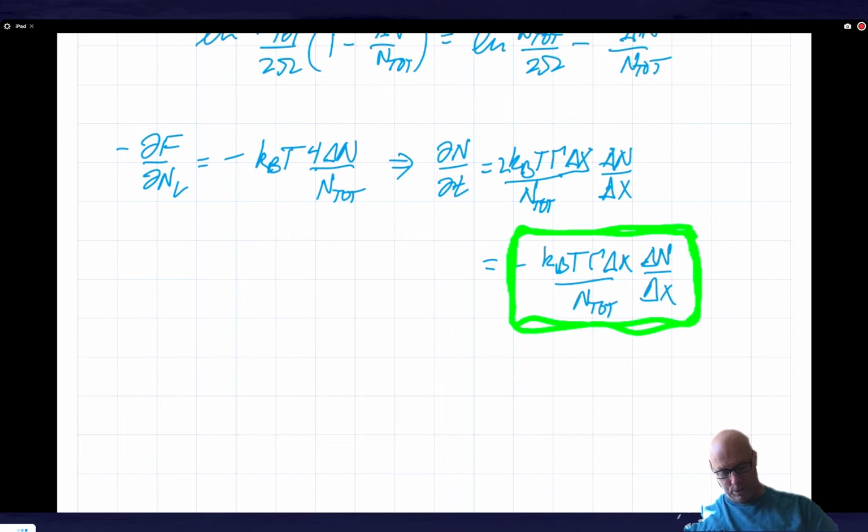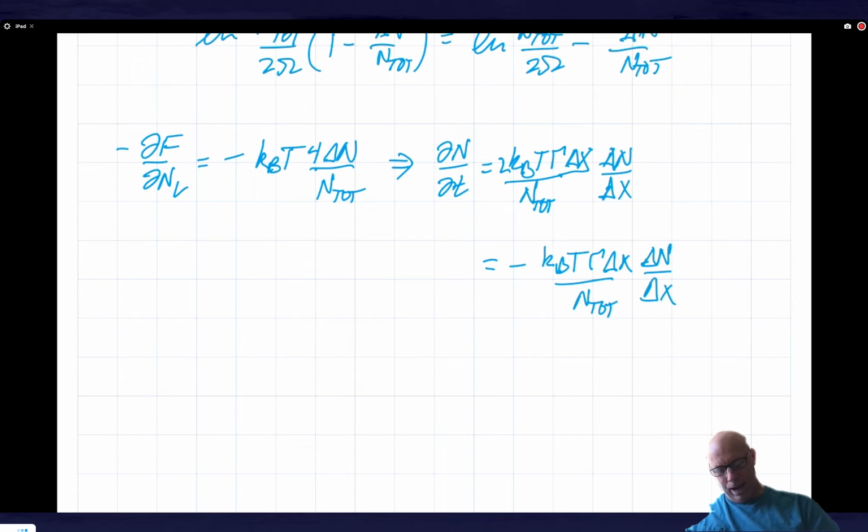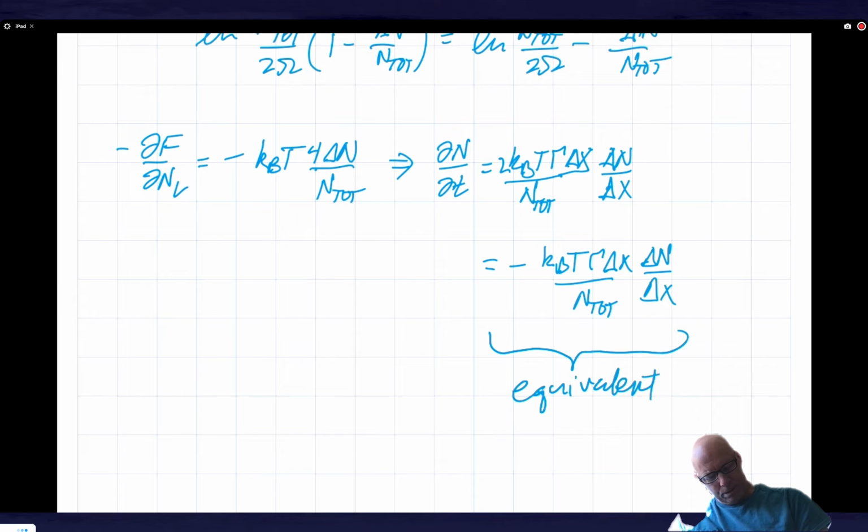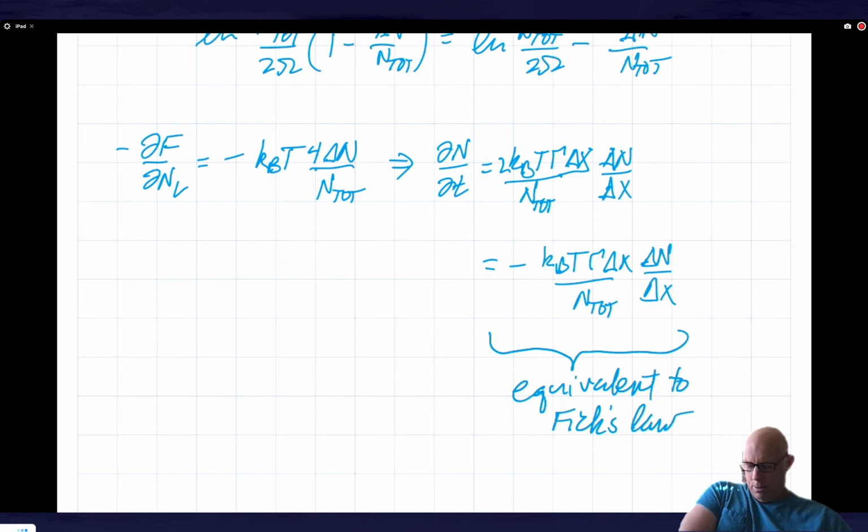In other words, what do I take away from this? I want you to recognize that this thing is equivalent to Fick's law. Notice that what we found is that the driving force is proportional to the gradient.